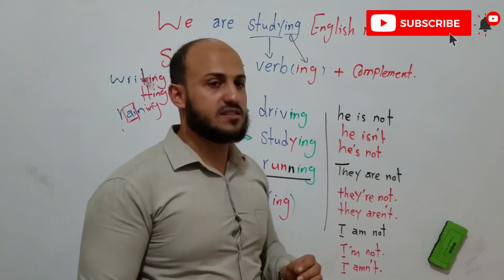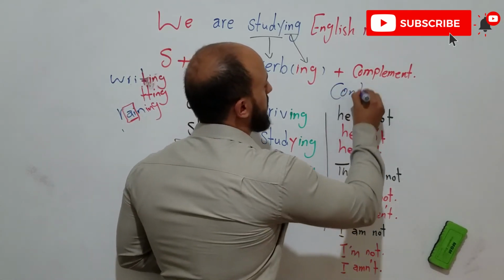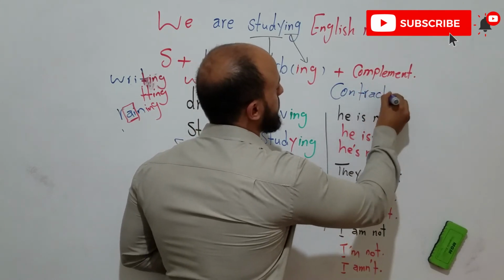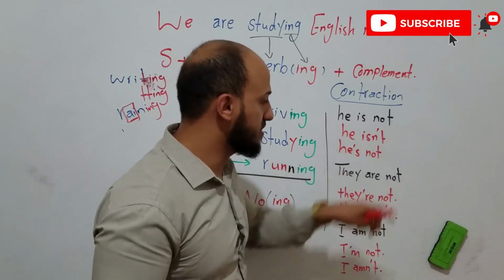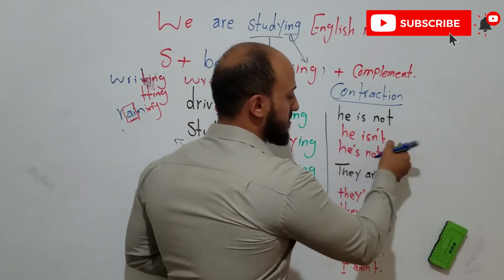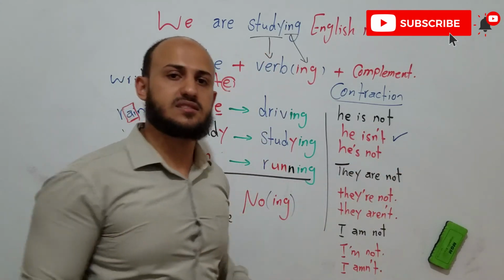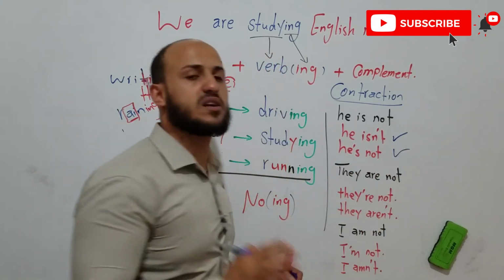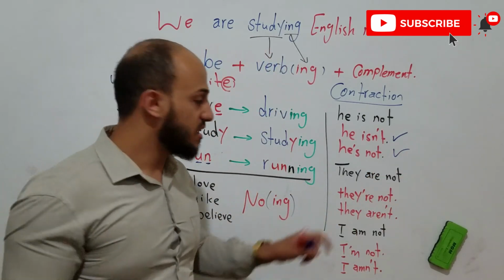Good. The last point: how we make the contraction. He is not. You have this way: he isn't, or he's not. So both are correct. You can use this or this. Good. Next, they are not.